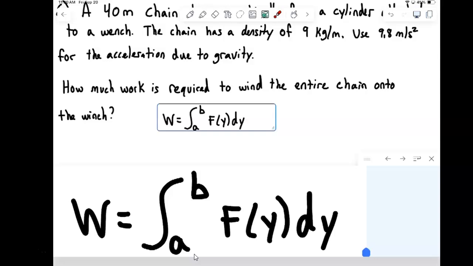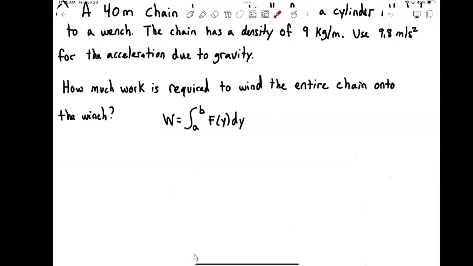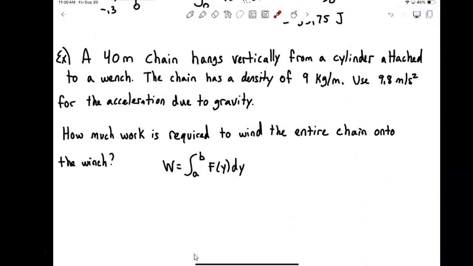Because sometimes when I've wound some of the chain up, I'm not lifting the full weight now, right? Initially, my winch needs to lift the full weight, all 40 meters of chain weighing 9 kilograms for every meter. I've got to lift 360 kilograms worth of chain initially.